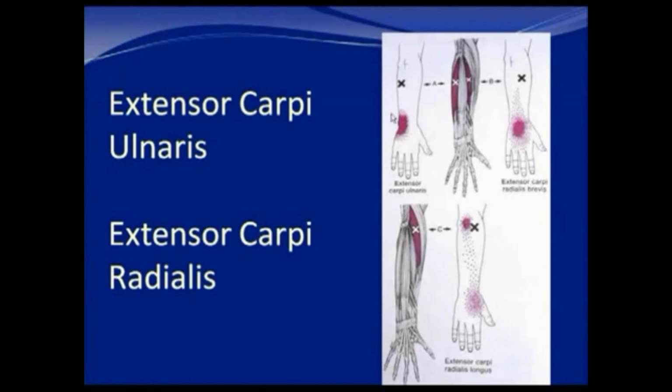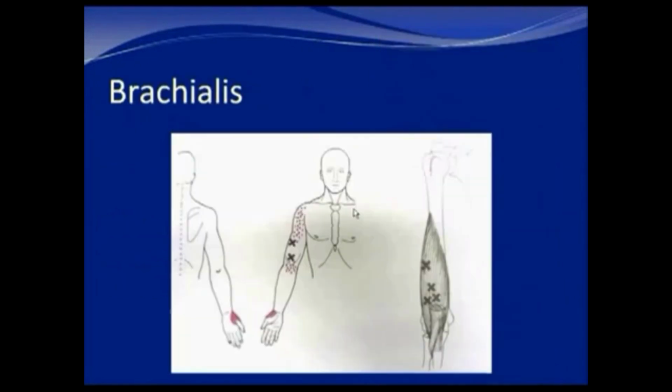Most of the referrals are to the wrist, but you occasionally, if the muscle is very tight, get some mild tendonitis type symptoms right up here. The extensor carpi radialis, as you can see, refers pretty much right to the same area of concern, as well as down in the thumb, very similar to the brachioradialis in terms of its patterns of pain.